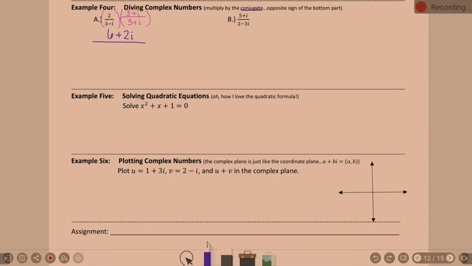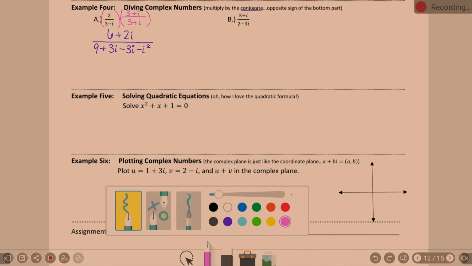So 3 times 3 is 9. 3 times i is plus 3i. Minus i times 3 is minus 3i. And minus i times positive i is minus i squared. Okay? What happens?